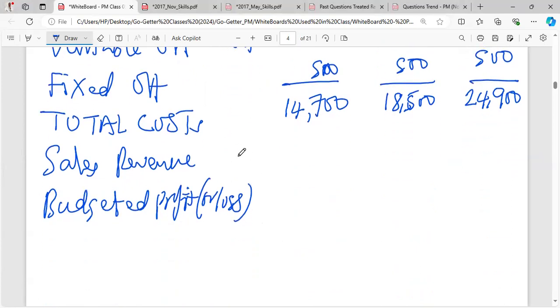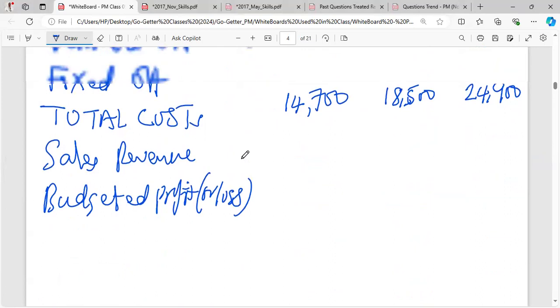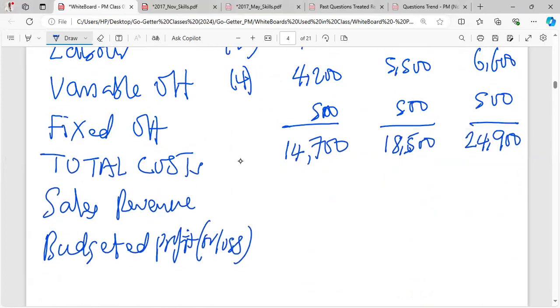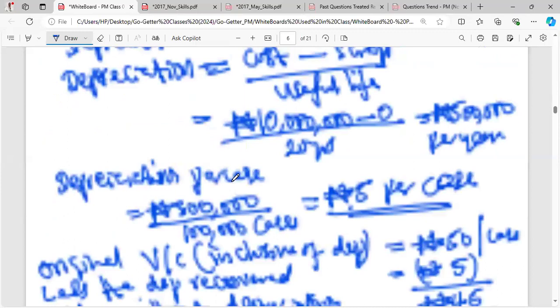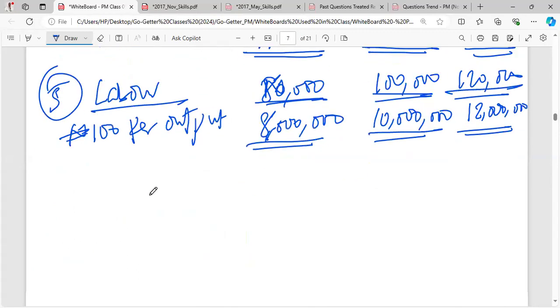Then we have sales revenue. Sales revenue will be working 6. So we'll go down, down, down to do our sales revenue. Working 6, sales revenue.